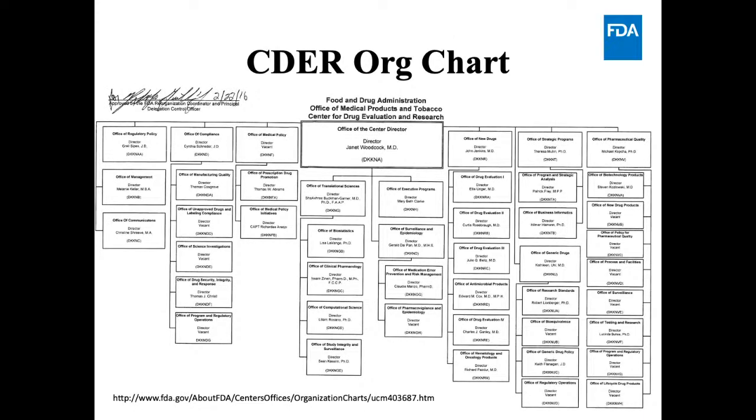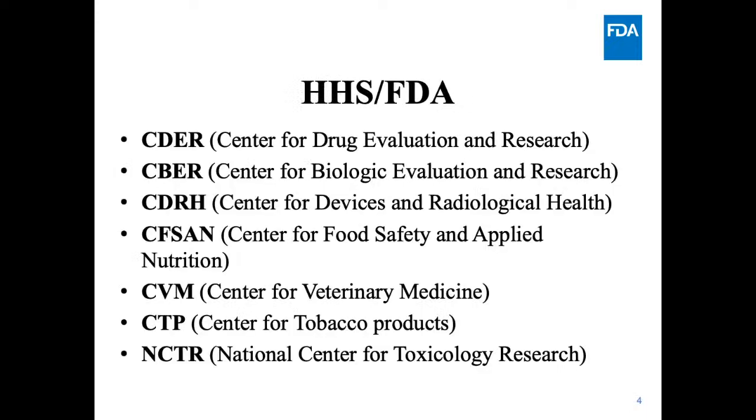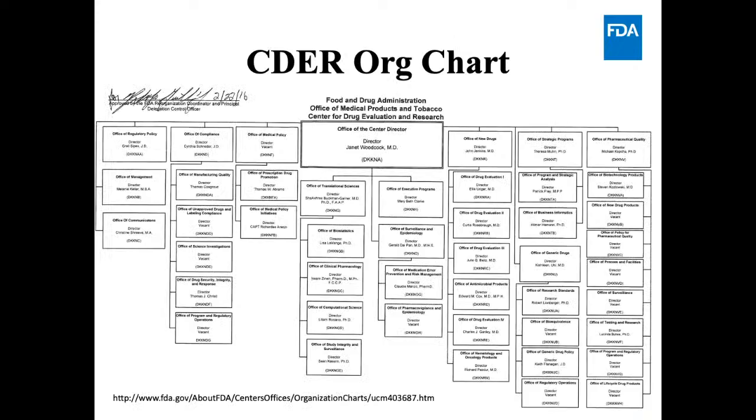So this is how a typical CDER, Center for Drug Evaluation and Research, department looks like. This is how the typical organization approved by the FDA looks. It all looks like a chart, basically the organization chart.